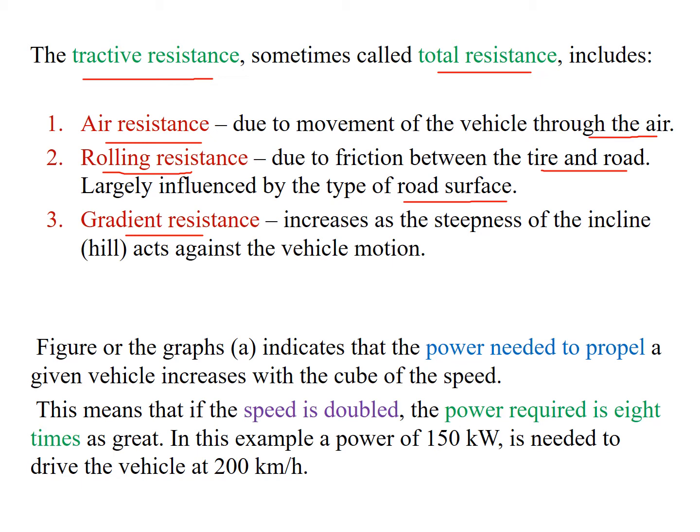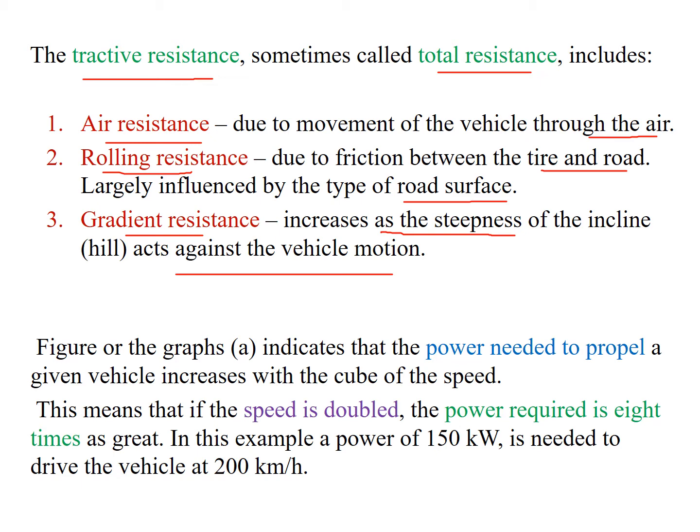The third one is the gradient resistance. This one increases as the steepness of the inclined hill acts against the vehicle motion. So if you are climbing a hill, this will be a very significant resistance.